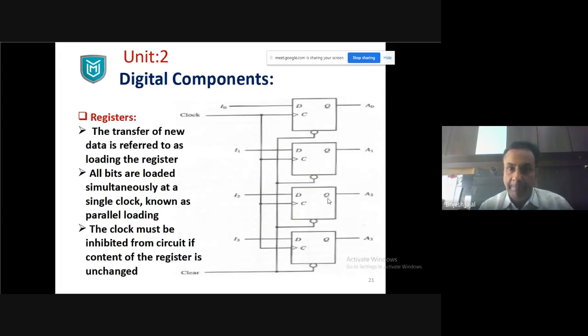This is the 4-bit or 1 nibble register circuit. Is this clear to all? You can make it. Just go through it. It's not at all difficult, pretty easy. Rather, I should say register is the easiest one. So the 1 nibble register is the circuit that I am showing you.